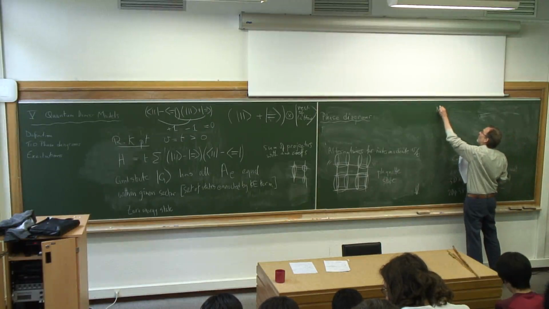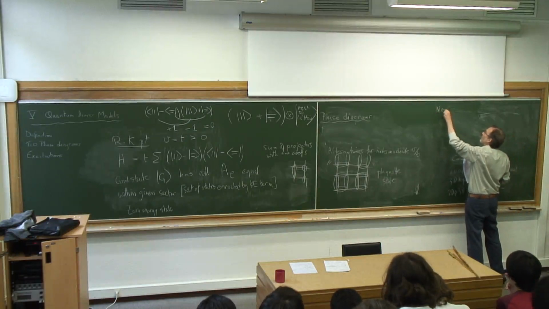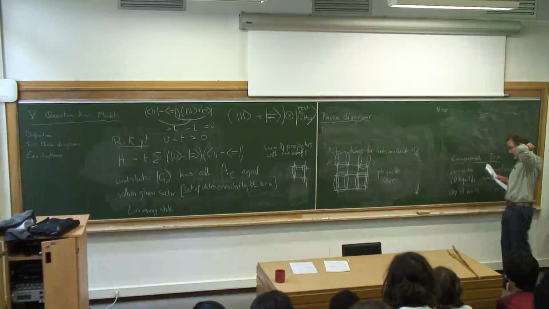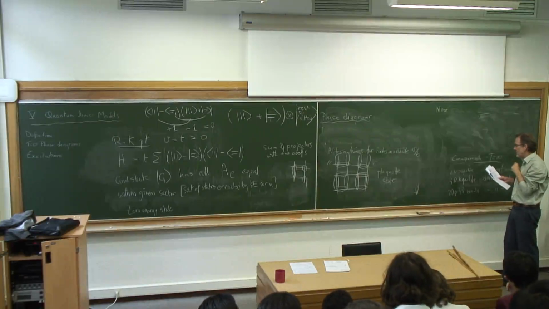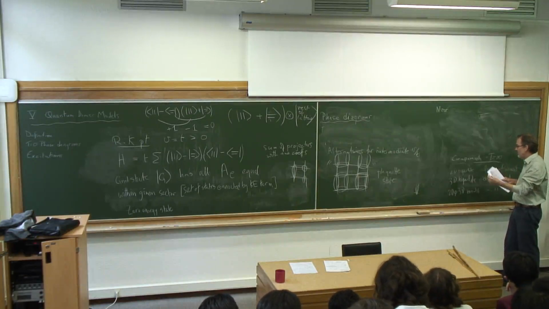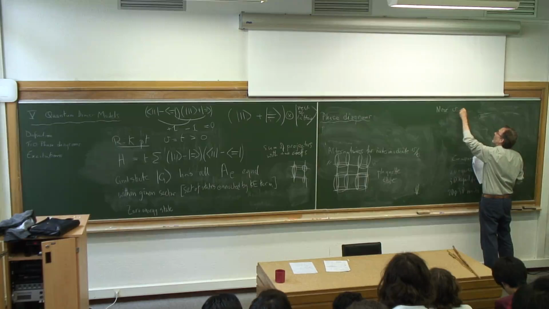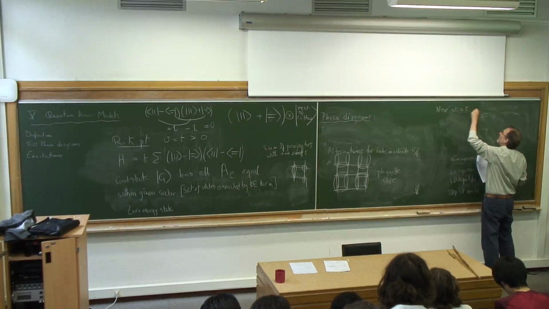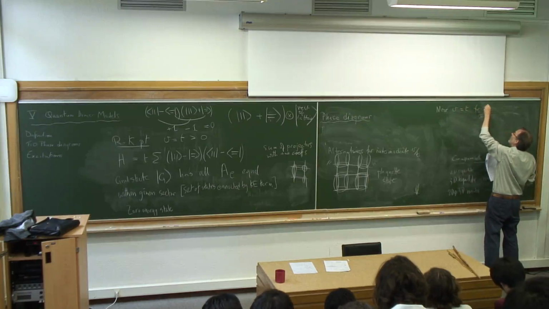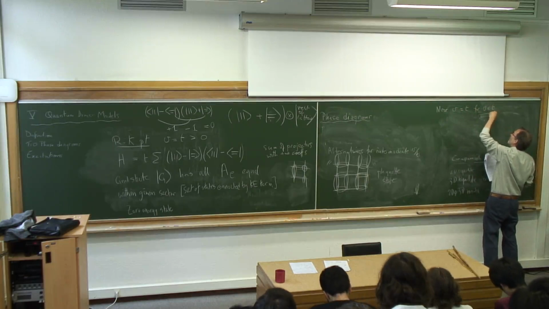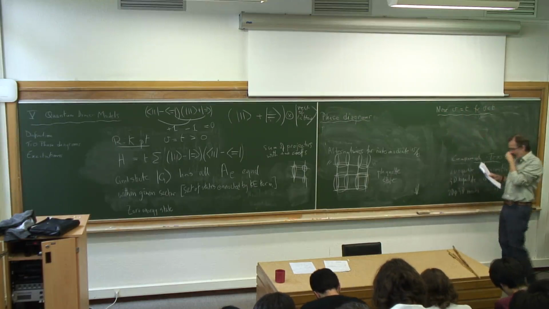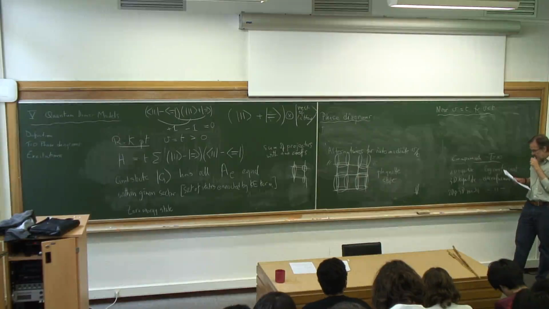We know what happens for V bigger than T all the way to V equals plus infinity. We know what happens when V goes to minus infinity. So what we would like to know about is near the Rokhsar-Kivelson point, for V just a bit less than T.